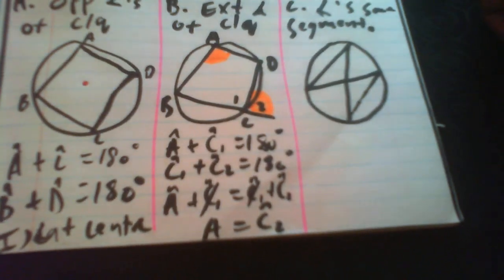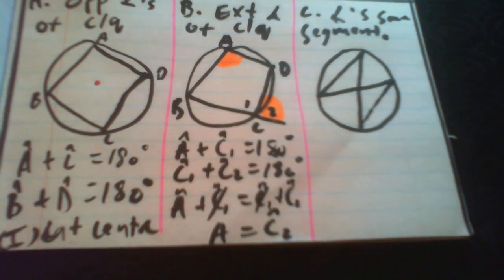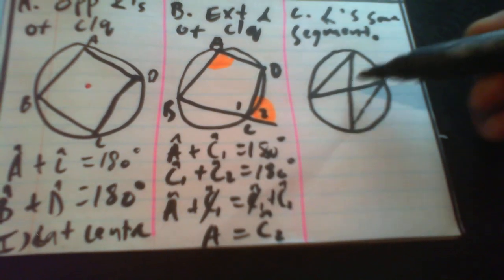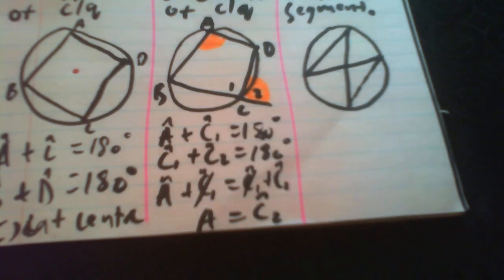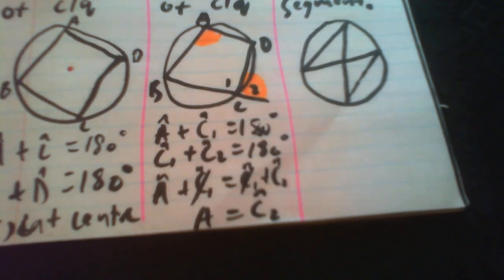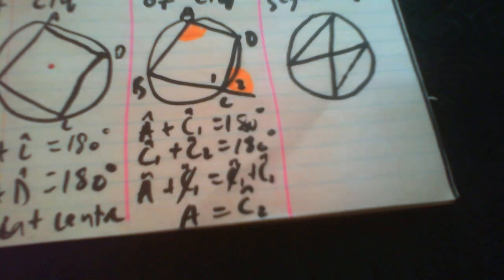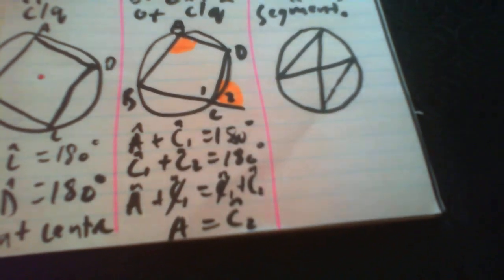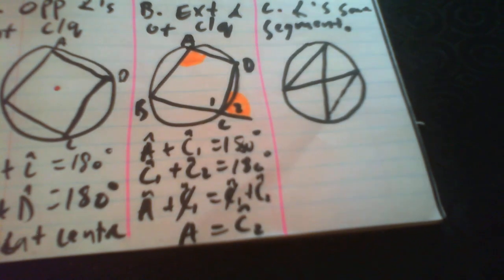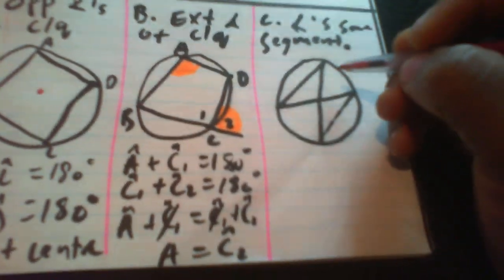So that's the important part there. So even this theorem here, you can prove using angle at the center is twice angle at the circumference. It's quite simple, but I won't show it too much.